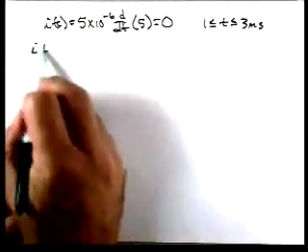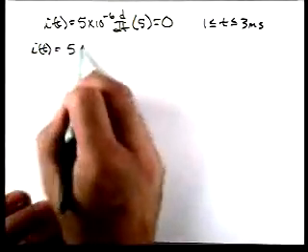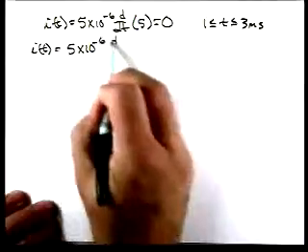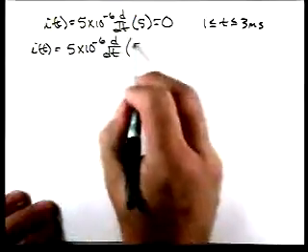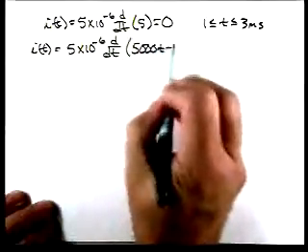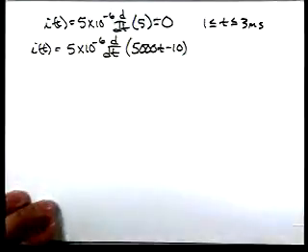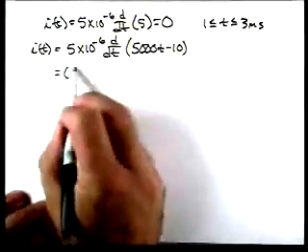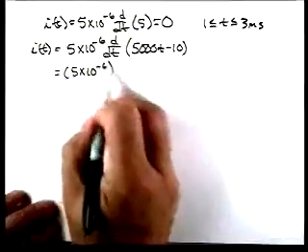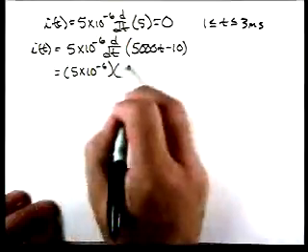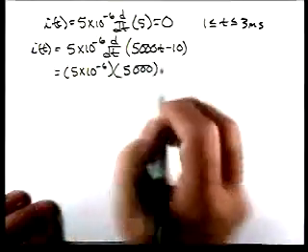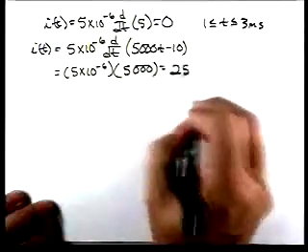Then for the next interval, the derivative of the constant is 0, so we get 5,000 out of this, giving 25 milliamps.